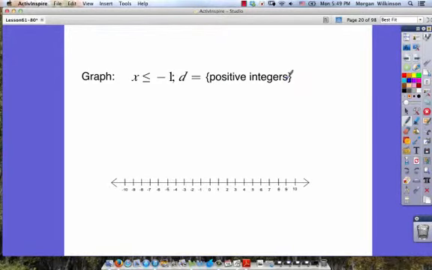We've got another. x is less than or equal to -1, but this time the domain is only equal to positive integers. So those are our only possible answers. We know that's going to be a closed circle on -1. And the domain is only equal to positive integers. So 0 is our origin, and 0 is not positive.